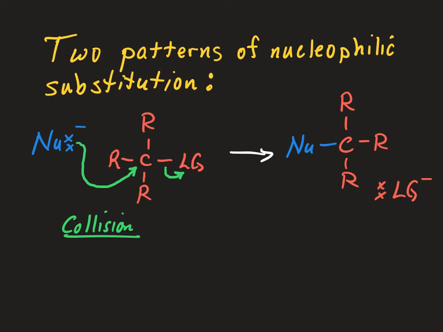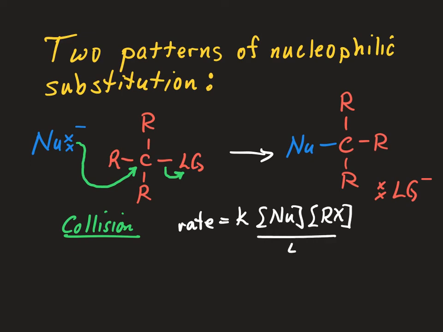So that makes the kinetics, if we look at the rate of this reaction, proportional to both the concentration of the nucleophile and the concentration of the electrophile, often an alkyl halide. And so that makes this reaction second order. And so we call these reactions SN2 reactions.